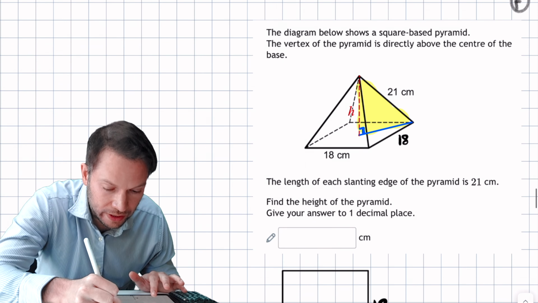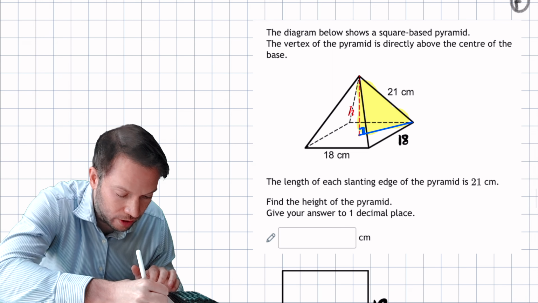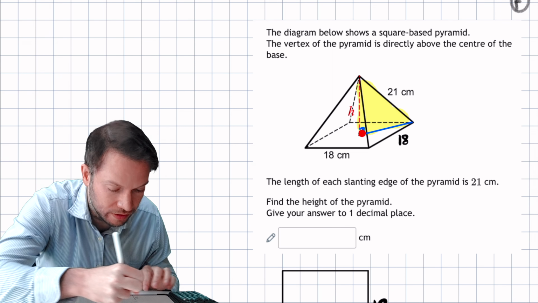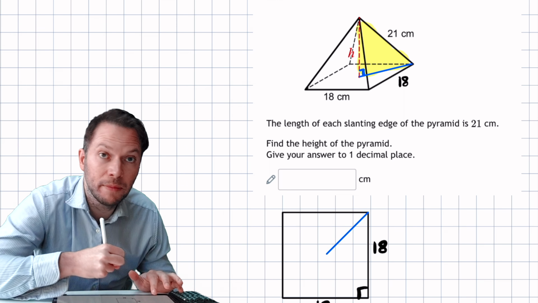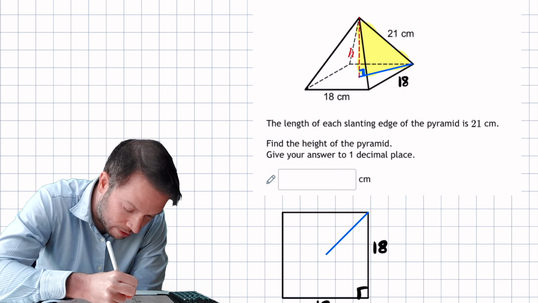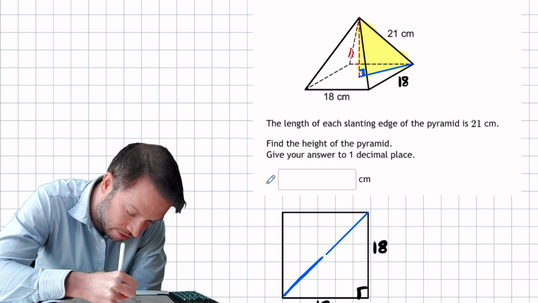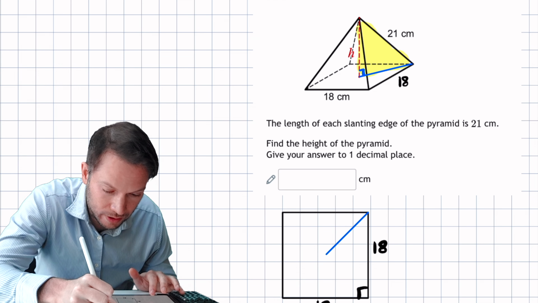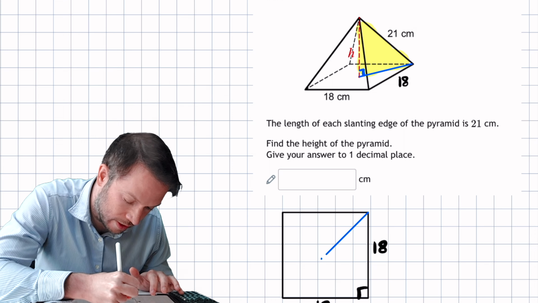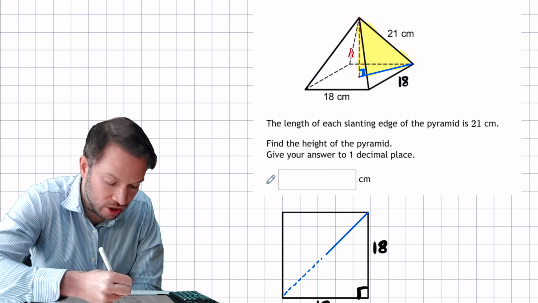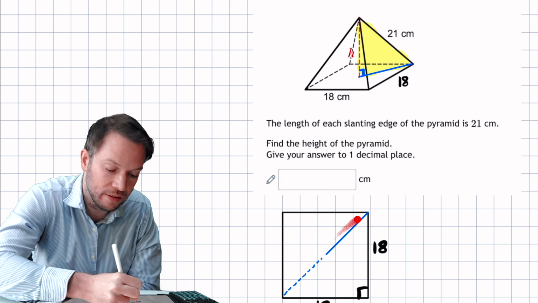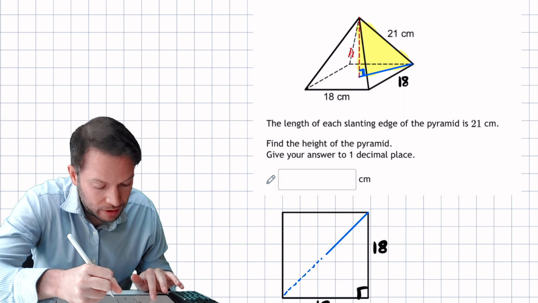And we're trying to find this blue length, which you can see is from the corner of the square to the center of the square. So it's basically this length here we're trying to find, right? But what we could do is if we found the total length of the way across, let's do it in a different color or just dotted. If we found the total diagonal across that square, we could halve this length to just find that solid blue length there, right? So how do we do that?